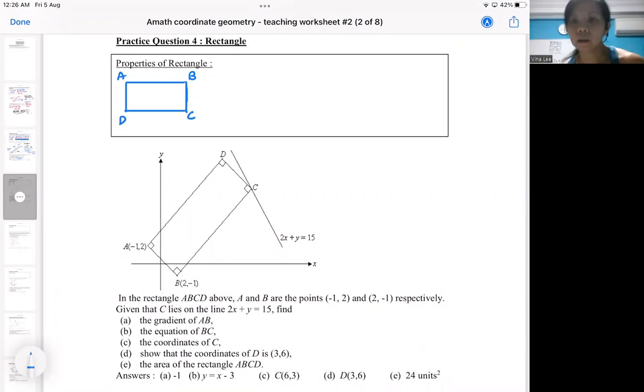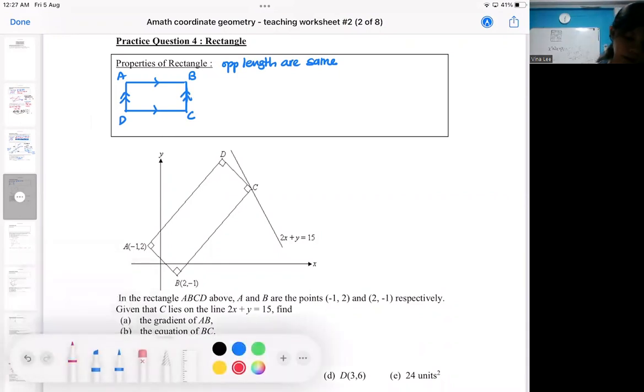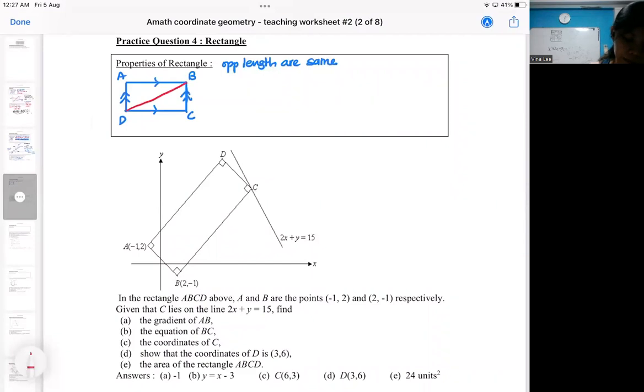For a rectangle, it will be very, very similar to a parallelogram. The opposite lengths are the same. And of course, opposite sides are parallel. And of course, the diagonals will still share the same midpoint.